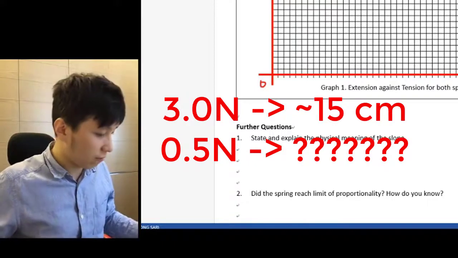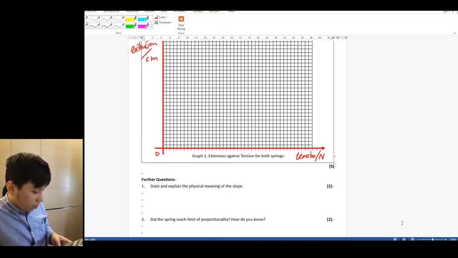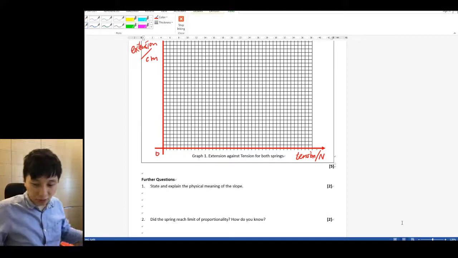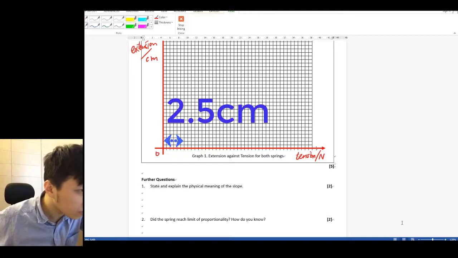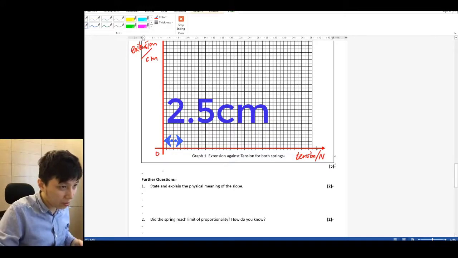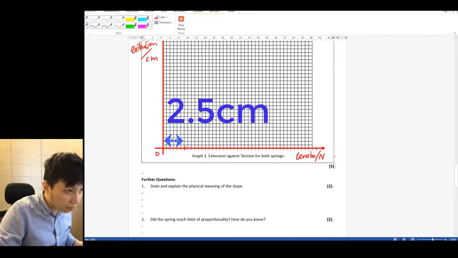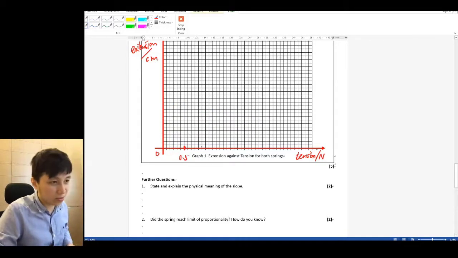So 15 divided by 6, it's going to be 2 point something, 2.5. So maybe around 2.5 on my screen, which is about here. Then that should be 0.5, which is 1, 2, 3, 4, 5, 6. Yeah, that actually looks pretty nice to me.